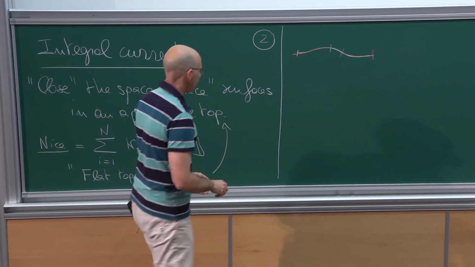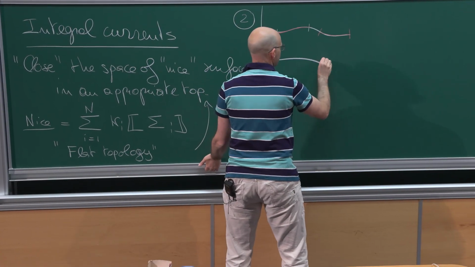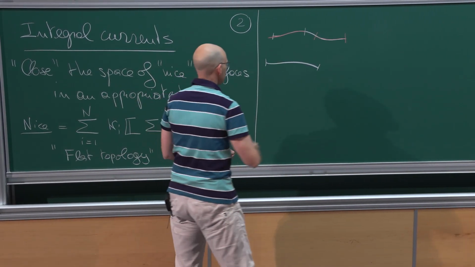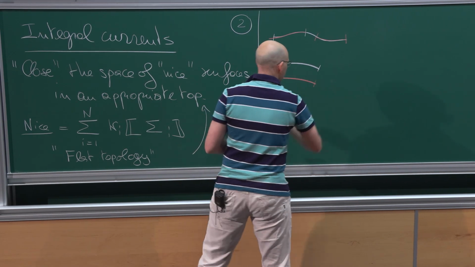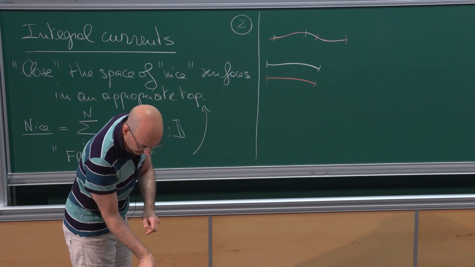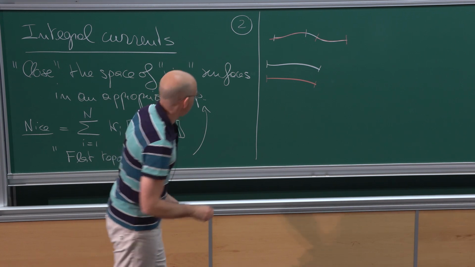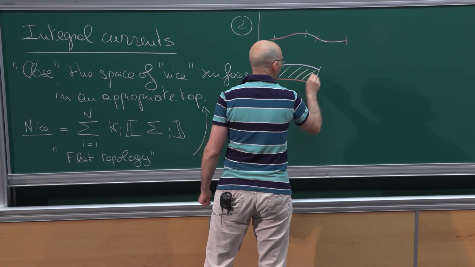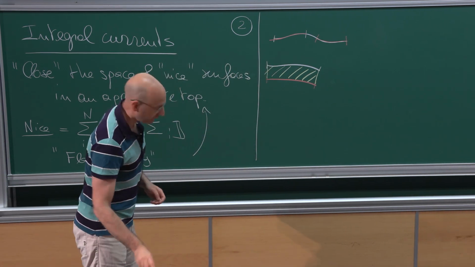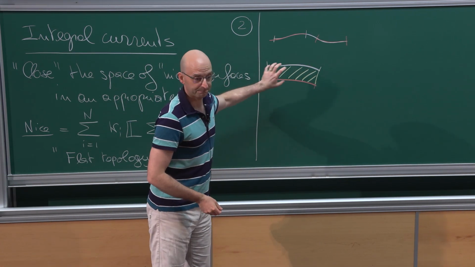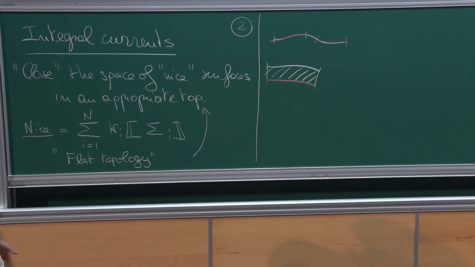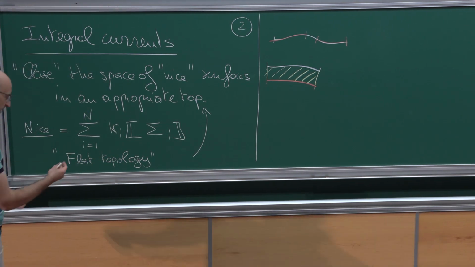The other reason why they might be close is that, by adding a little bit of extra surface, I can write their difference as the boundary of something which has small area. So it's some sort of L1 distance between surfaces in a geometric sense.